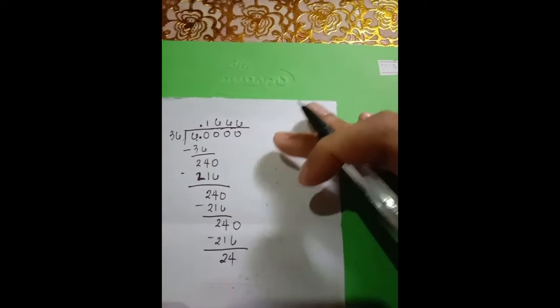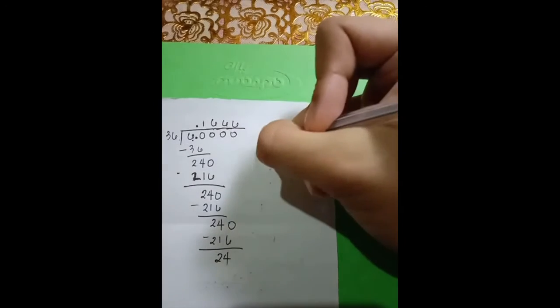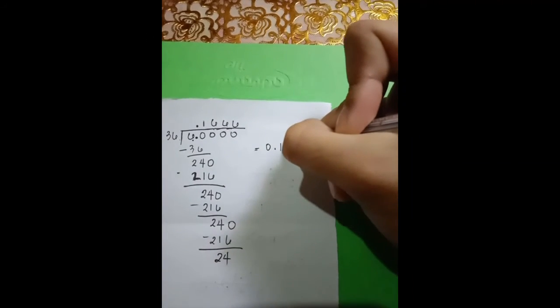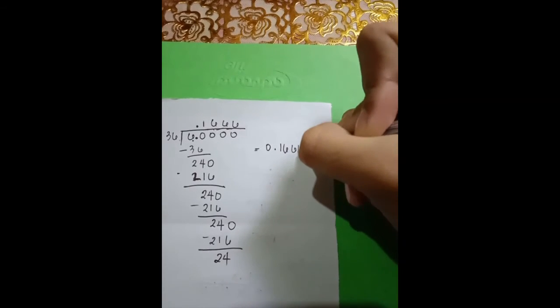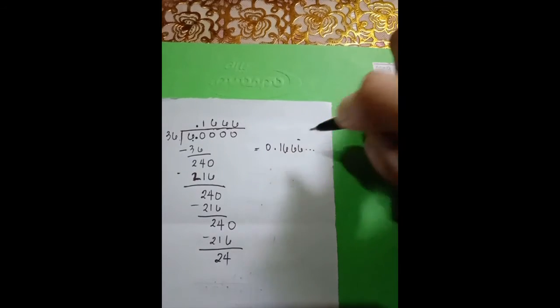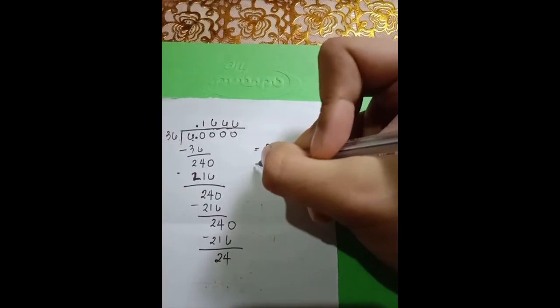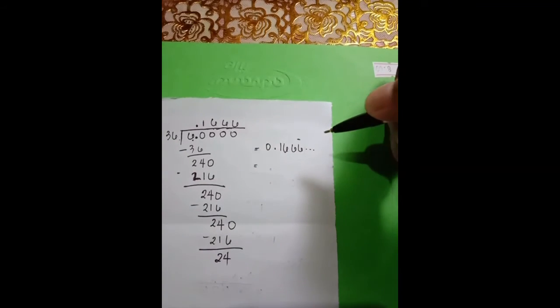So now, since our quotient is 0 and 1666 repeated, we put a bar line to represent that these decimal numbers are repeated. The same process as earlier: we multiply it by 100.